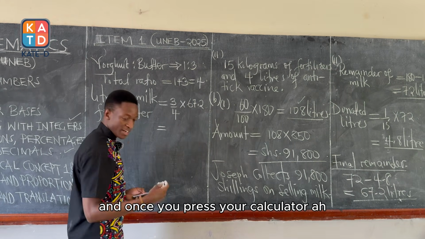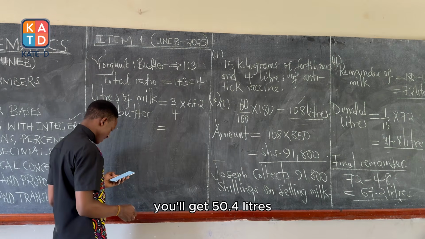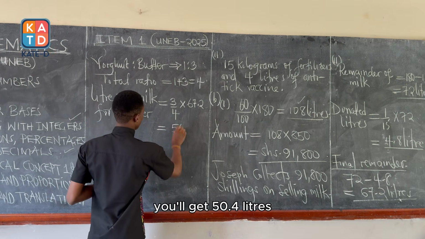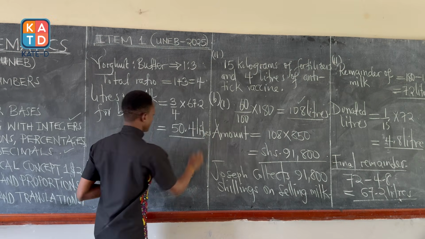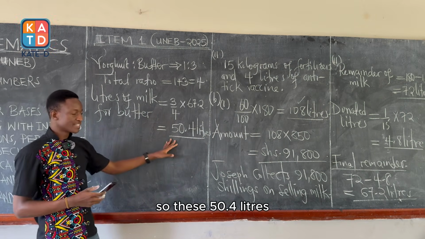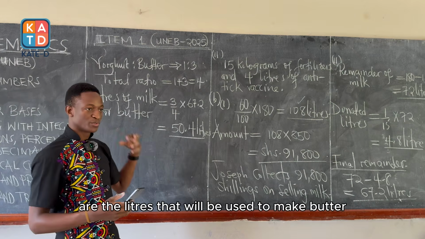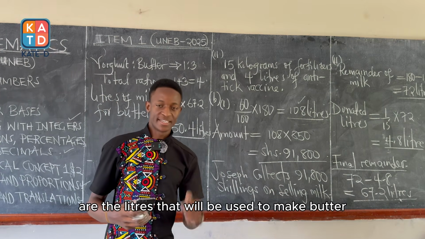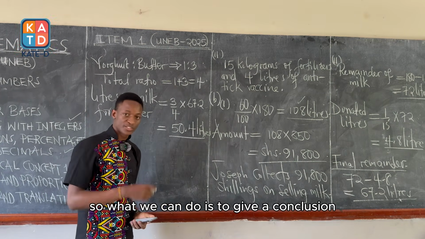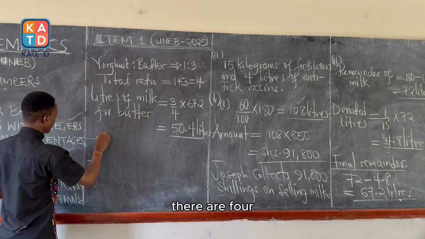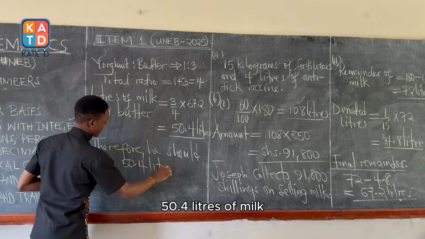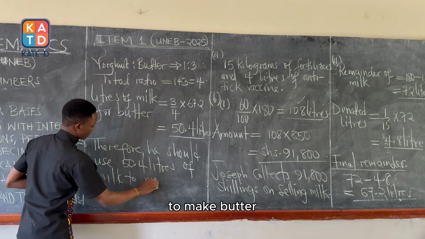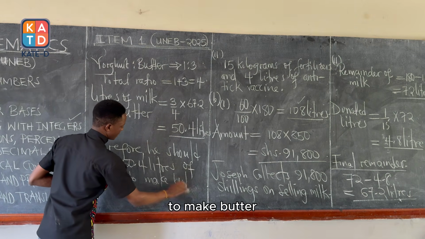And once you press your calculator, you'll get 50.4 liters. So these 50.4 liters are the liters that will be used to make butter. So what we can do is to give a conclusion. Therefore, you should use 50.4 liters of milk to make butter.